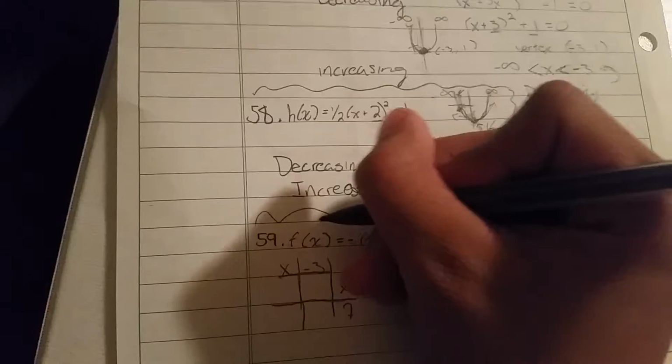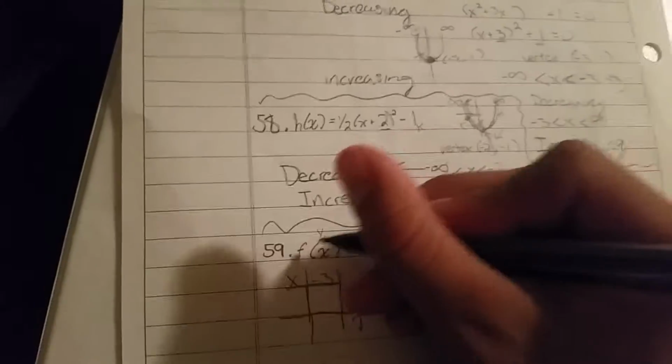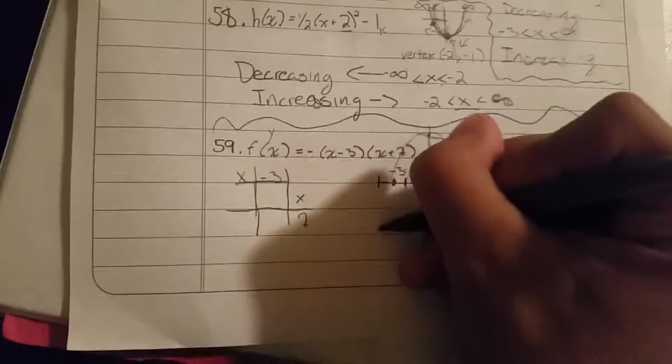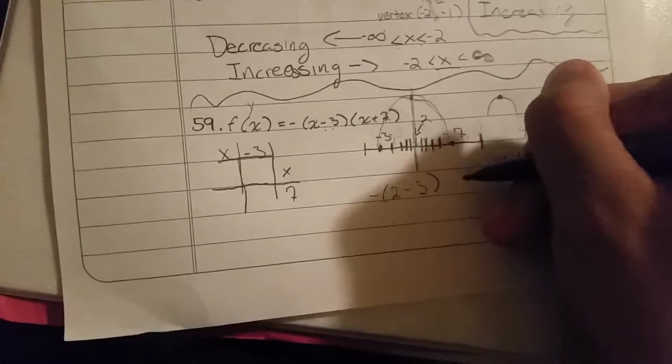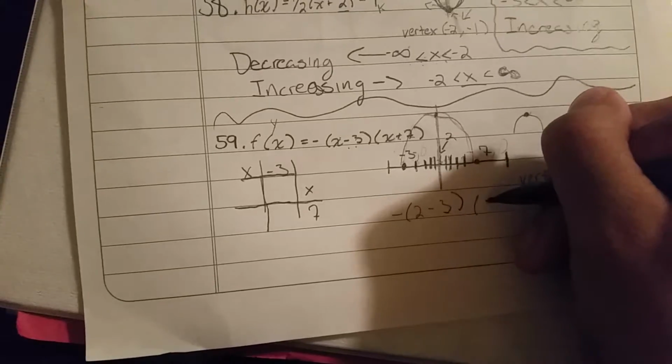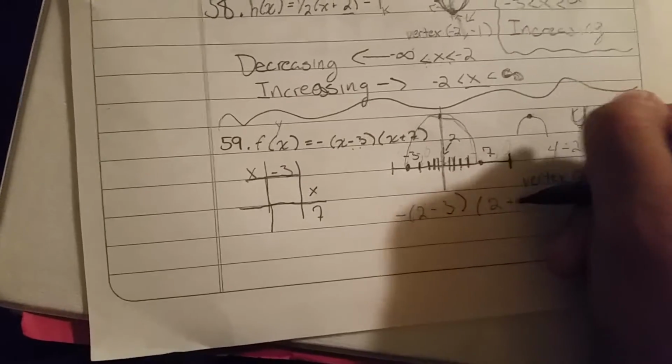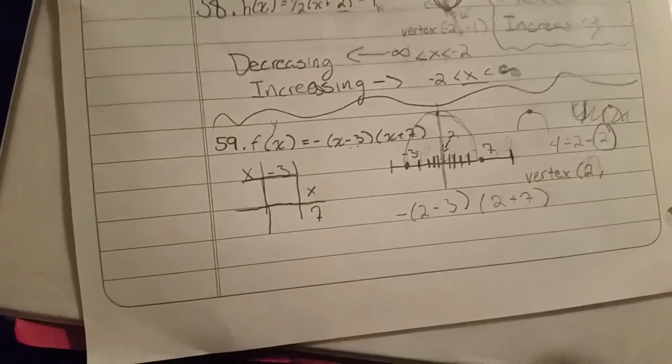I always see this f of x as maybe even a y. So now we're going to solve for y. So when we put this into the equation, do this: put the 2 in there, minus 3. And then you put the 2 again, plus 7. And let's just do the math.